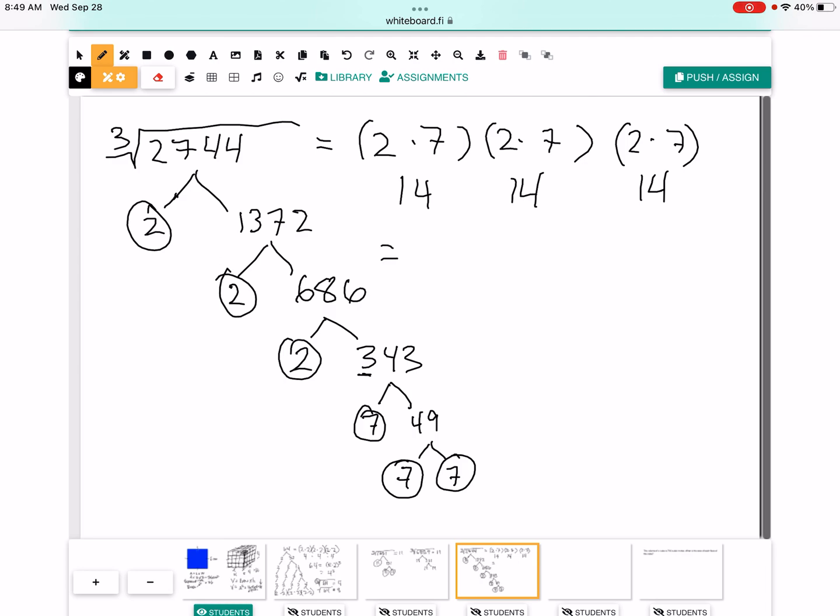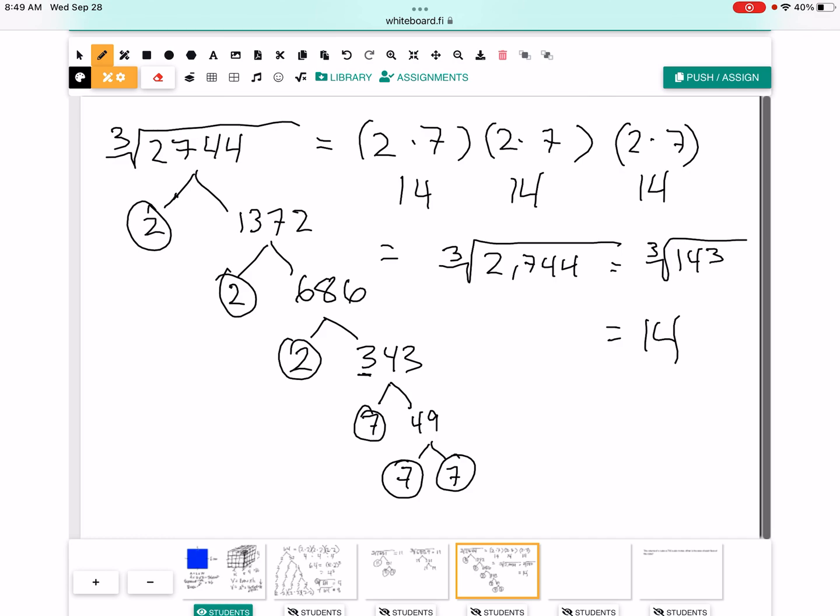So I know that 2,744 is 14 cubed. So the cube root of 2,744 would be the same as the cube root of 14 cubed, right? And that is going to be 14.